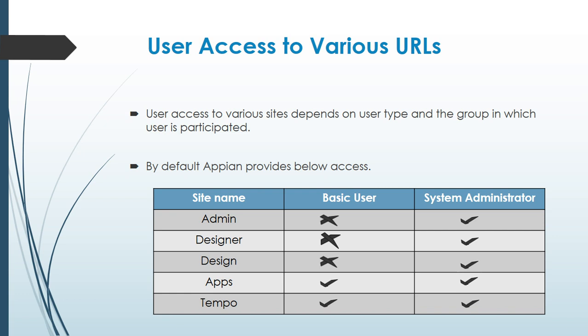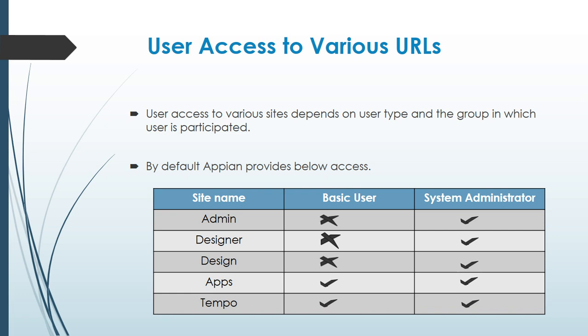If we want to give a configuration on security, then we should know what kind of visibility a user should have. So user access to various sites depends on user type and the group in which the user participates.